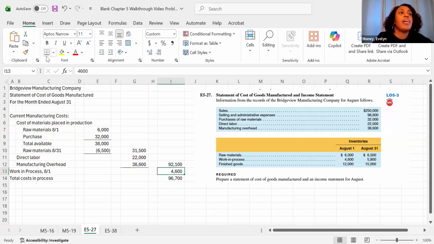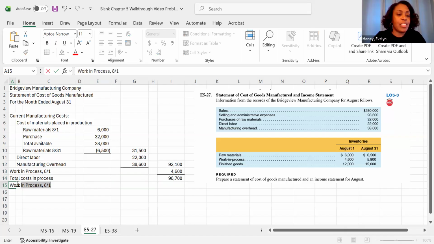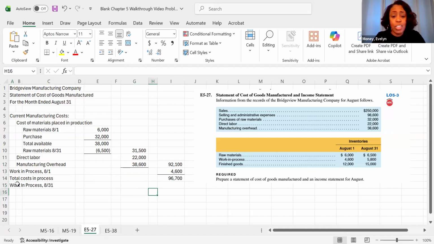I'm going to put in an underline there. And we're going to subtract the ending work in process. So unless you're working backwards, you're typically adding beginning, subtracting ending.